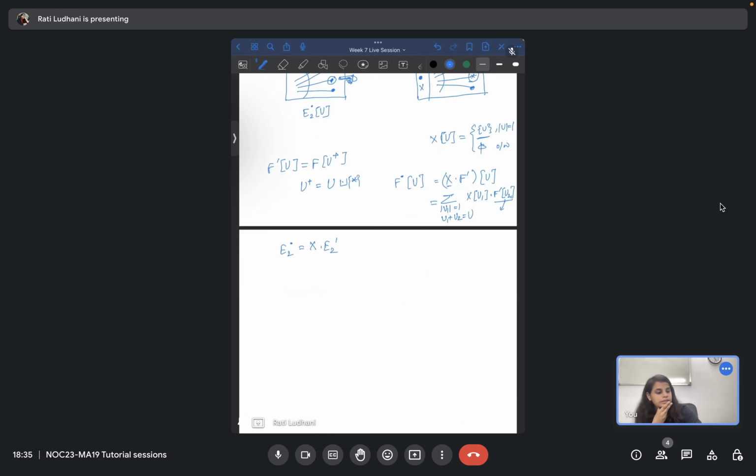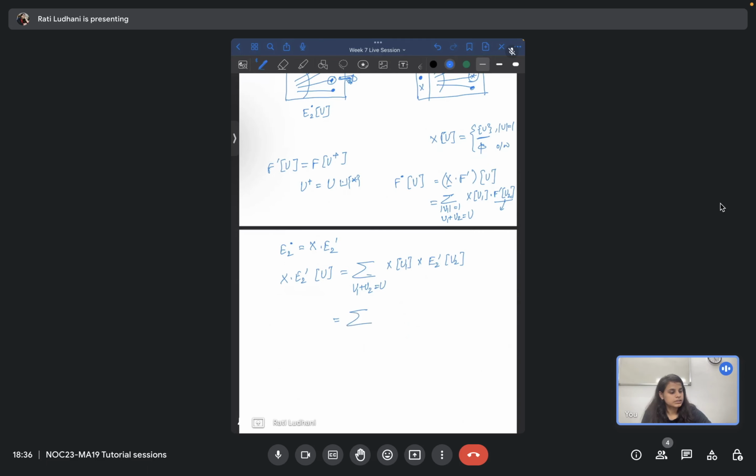So x dot e2 dash, if you want to know what this is, then again you will do this. u1 plus u2 is equal to u, and you have x structures on u1 cross e2 dash structures on u2. Okay, so what will you have?